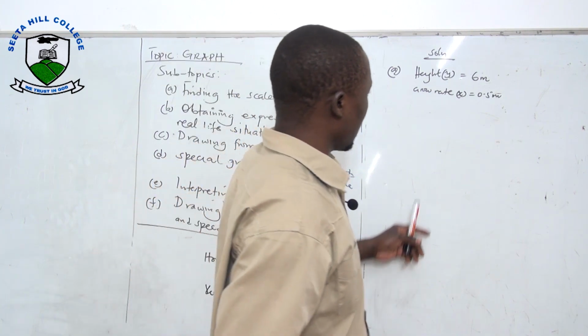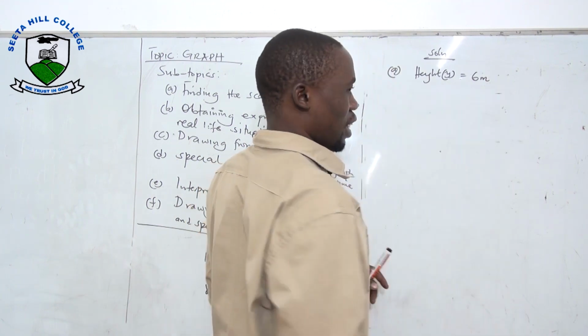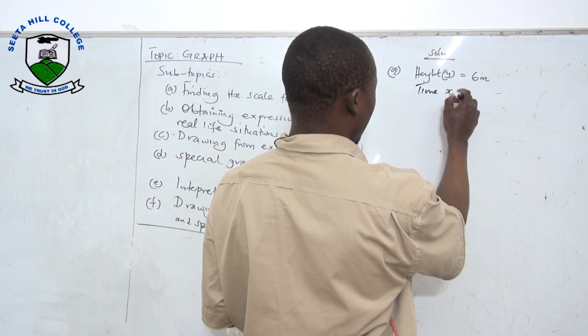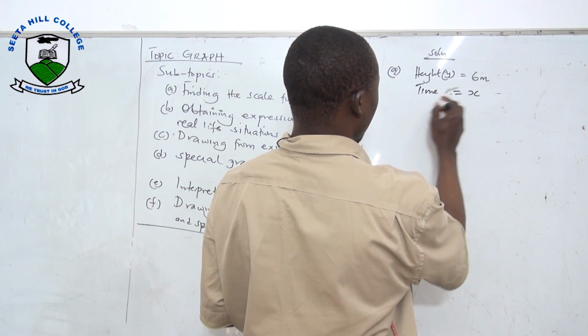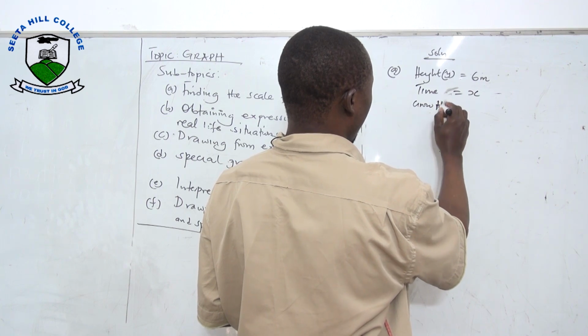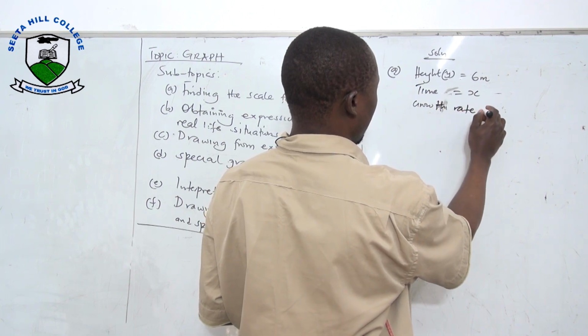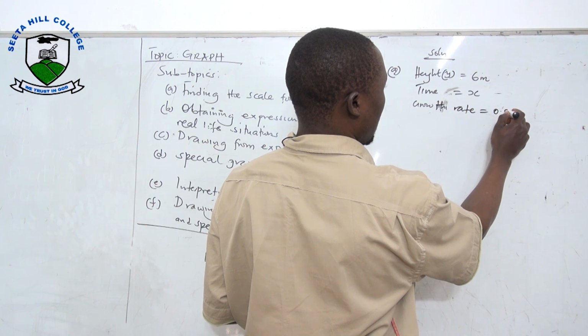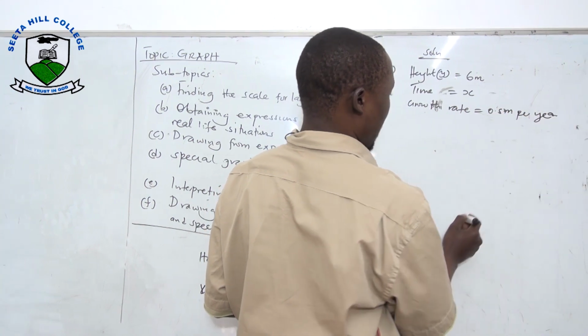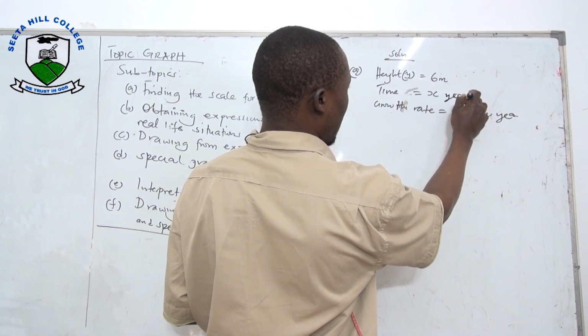Oh, time is x, not the growth rate. The growth rate is 0.5 meters per year.